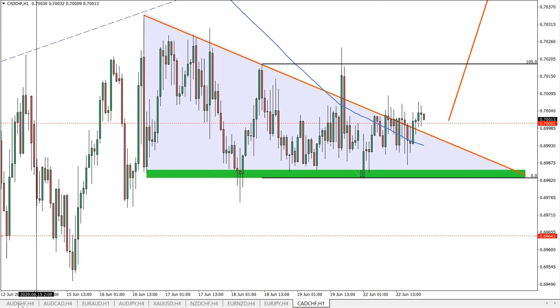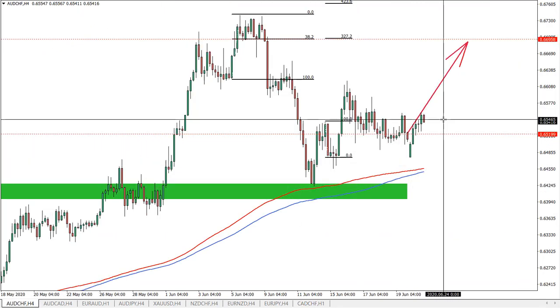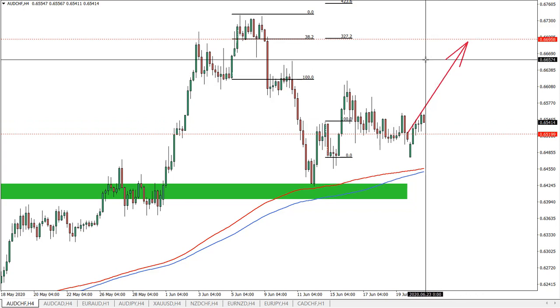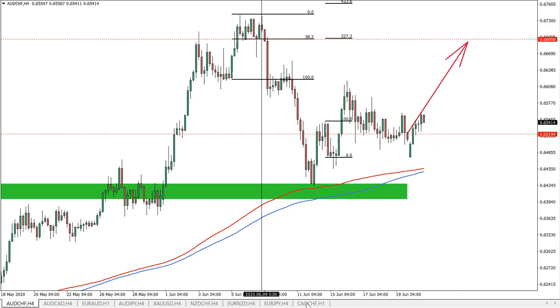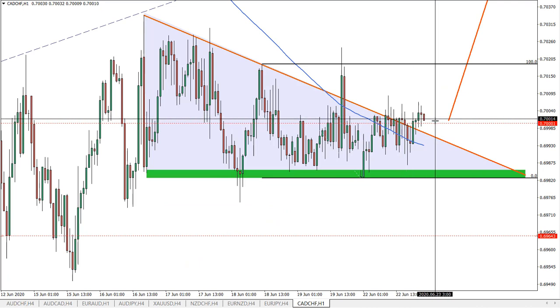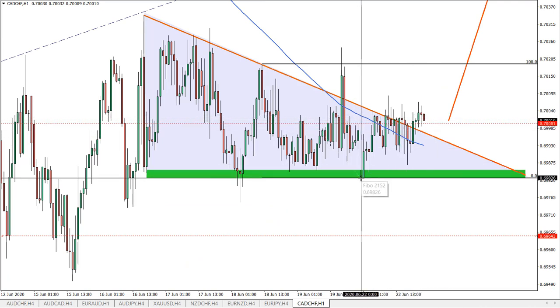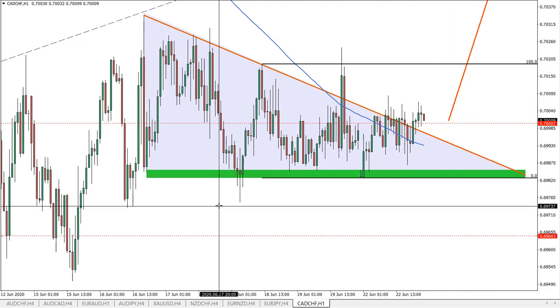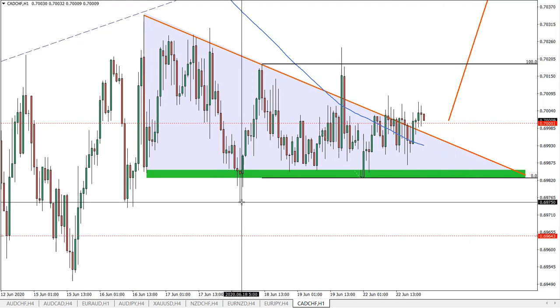Obviously for the Australian Swiss franc, which I think is one of the most interesting potential trends that will have a trend to the upside, along with CAD Swiss franc as well. We can see that this could have been the potential bottom. If the price moves below this level, the idea might get invalidated, but I think it could even move towards this area. The most important thing is that there will be no break below this level on the daily time frame.